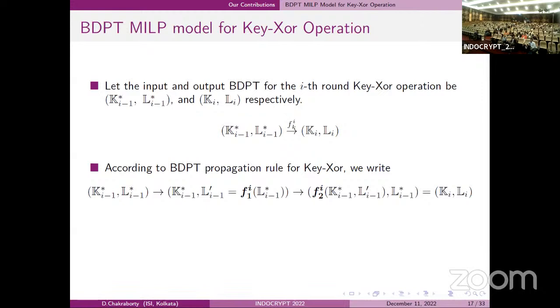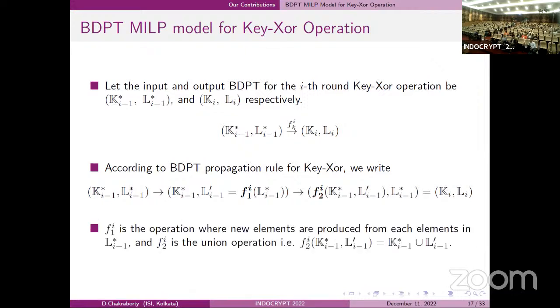So I'm dividing it into parts. F1_i is one function where the new elements are produced from L_{i-1}*, which is written in L_{i-1}'. And after getting this L_{i-1}', I'm making the union of these two sets, K_{i-1}* and L_{i-1}', which is the function F2_i, and get that L_i. So now to model this key-XOR operation f_{K_i}, it is sufficient to model the F1_i function and the F2_i function.